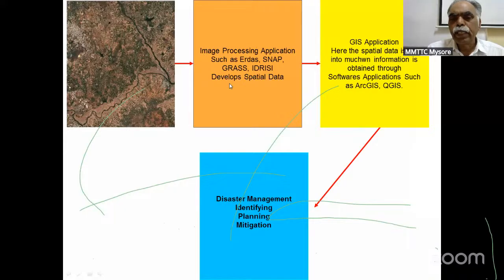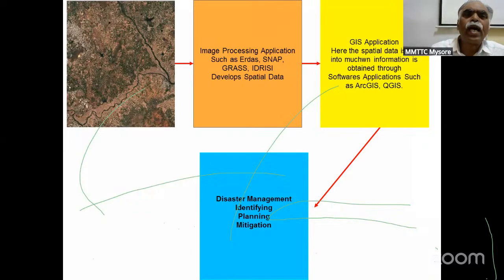The data that we generate out of the satellites has to be used again on another platform, that is the GIS application platform. When we use the GIS platform, we will produce wonderful maps and spots, which are the hotspots of cyclones, the hotspots of forest fire, the hotspots of landslides. So vulnerability zones we can extract.